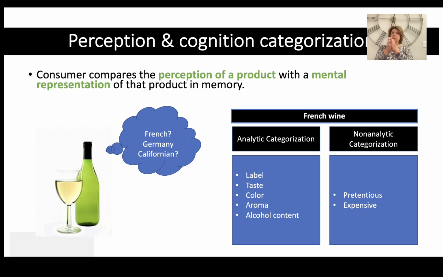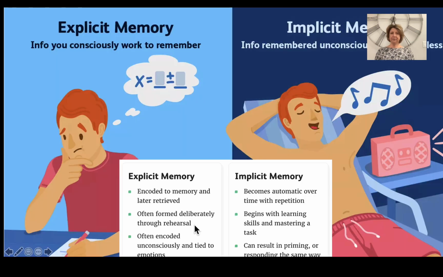So we categorize our perceptions into various buckets, and we as marketers can help you understand whether or not, yes, this is a very high snobbery wine, or it's a reasonable wine just based on some of the communications that we create.